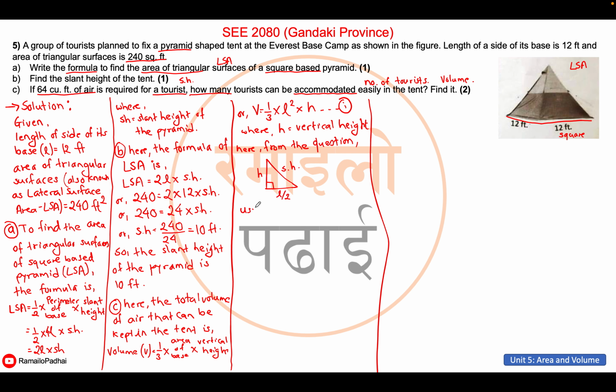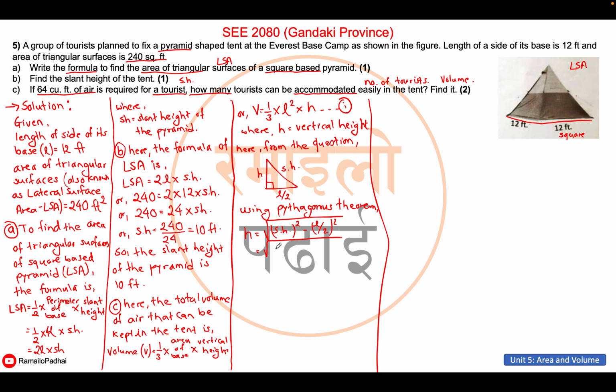Now using Pythagoras theorem, we have h is equal to root under s square minus L upon 2 square, where s is the slant height. How much is the slant height? Do we know that?